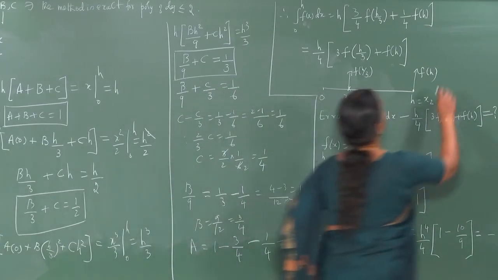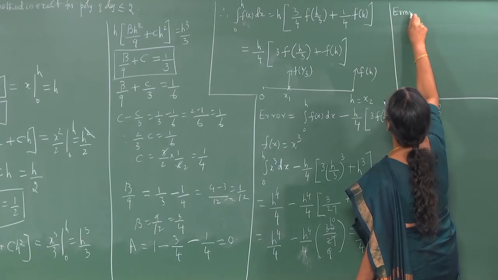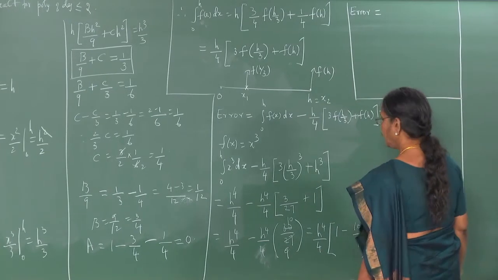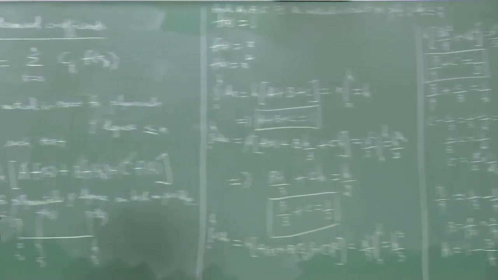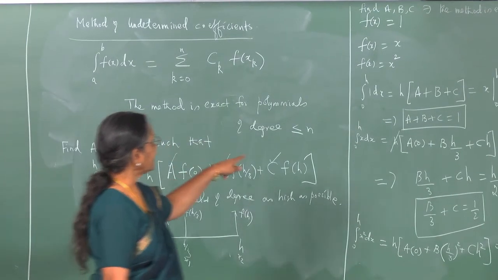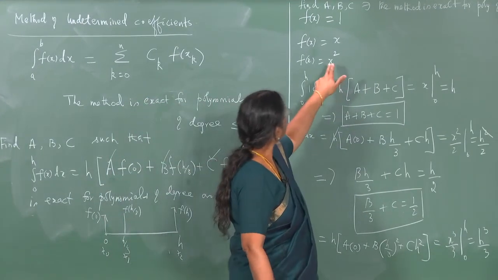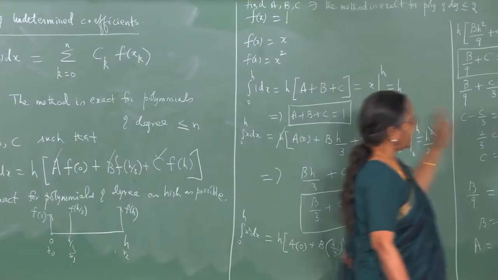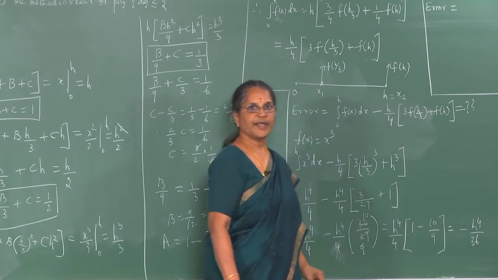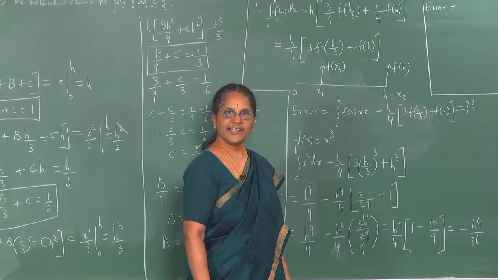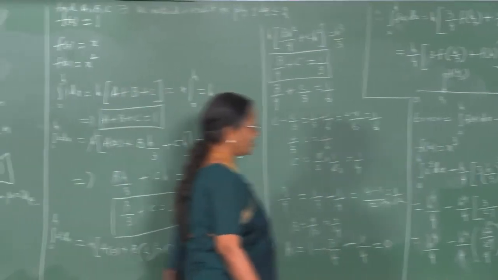So, we can now write down therefore the error in this method which we have computed. The method is exact up to polynomial of degree 2, the error contributes to a non-zero value when f of x is taken to be x cubed, and it is exact for polynomials of degree less than or equal to 2.